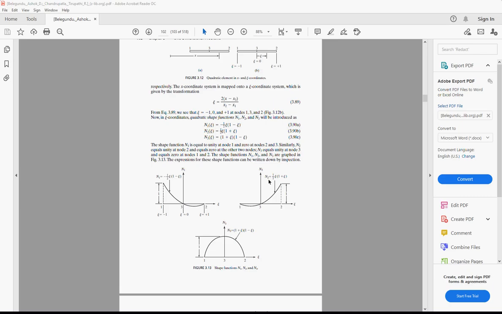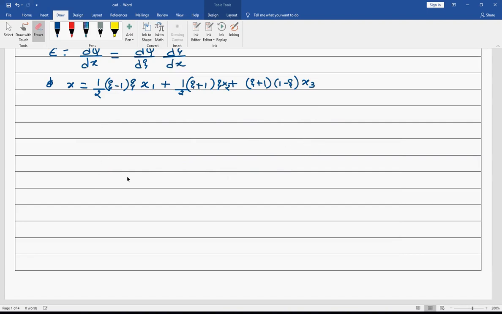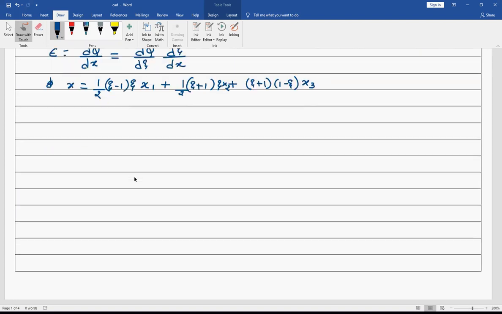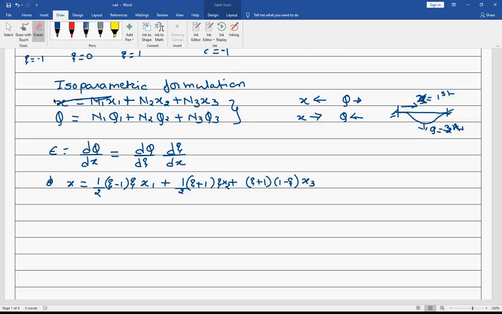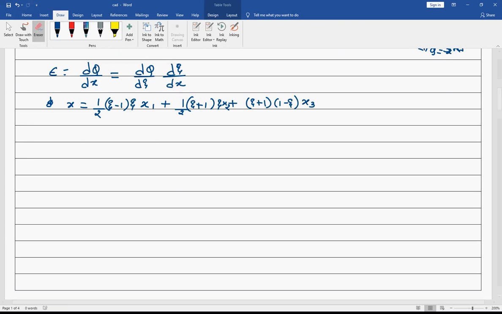Okay, so we have made a mistake, so I just erase all this. It is not an isoparametric formulation. It will be a linear formulation for the coordinate.